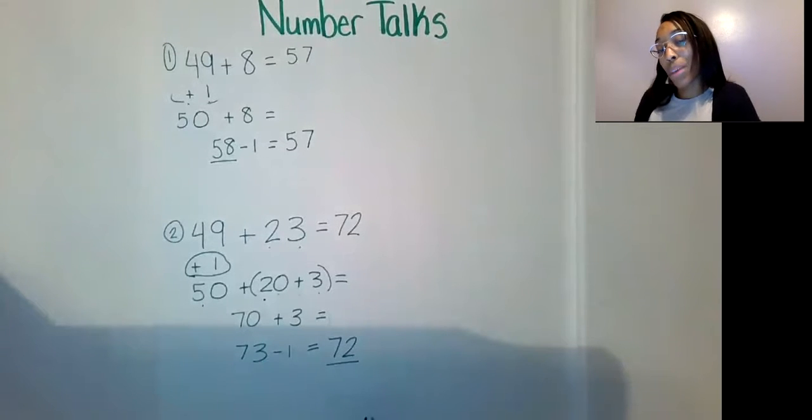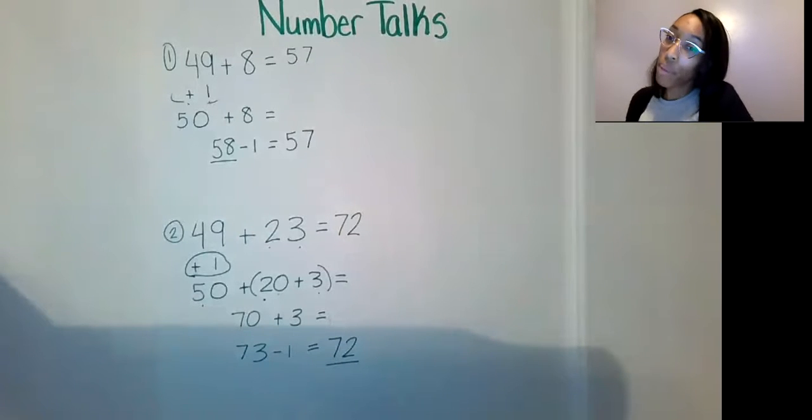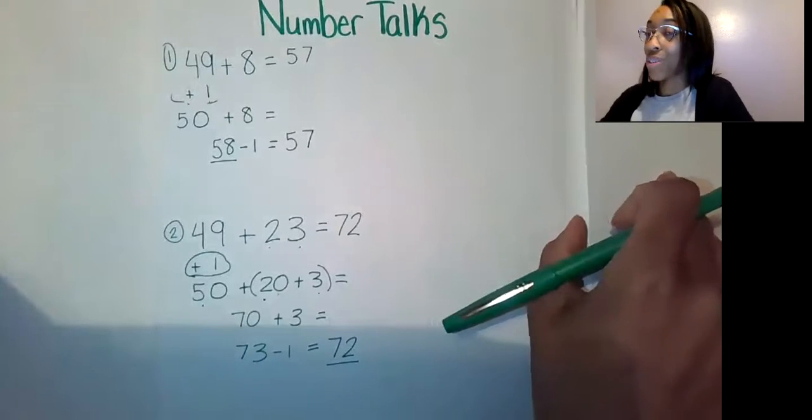Were you thinking the same thing? Yeah? All right, good job. And if not, what strategy were you thinking of that worked for you? Good. So now let's go to our next equation.